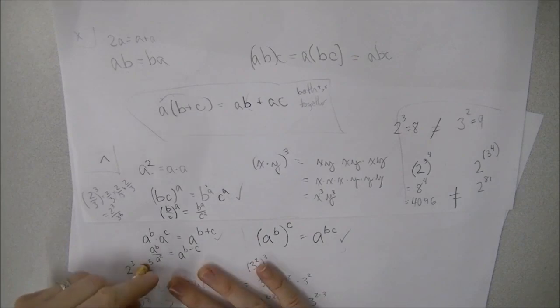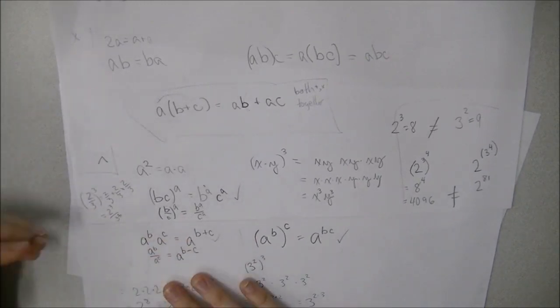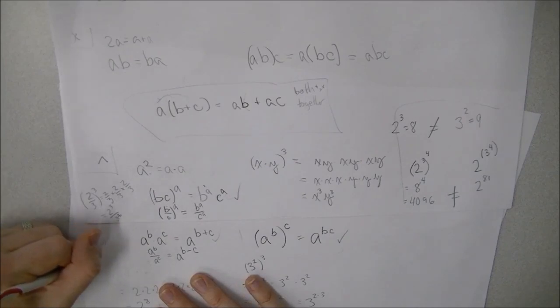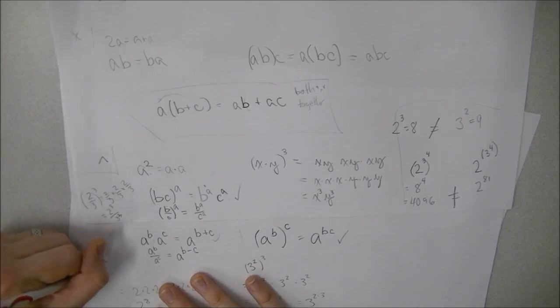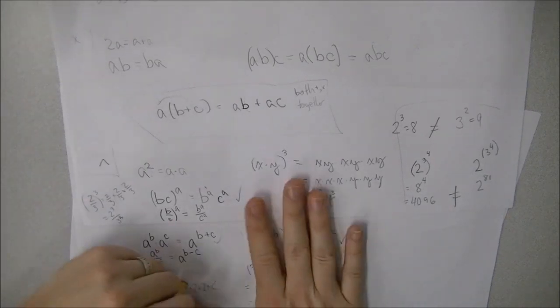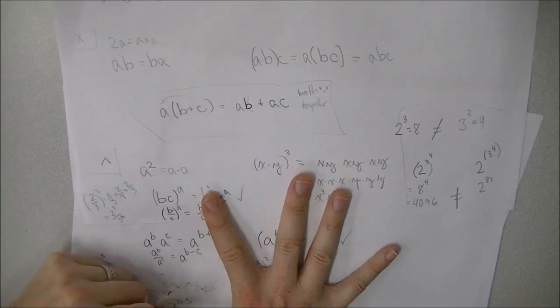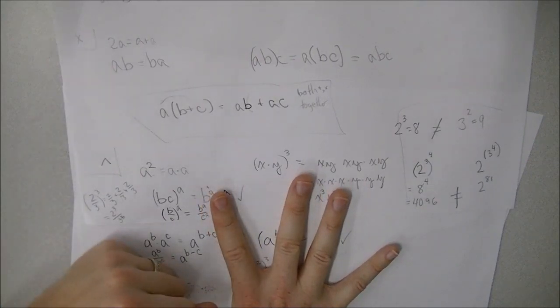Okay, let me just erase this to give me some room here. So let's see if that's the case. So if I had 2 to the 5 over 2 to the 3, right? Okay, so that should be 2 to the 2, but let's see if that's true.